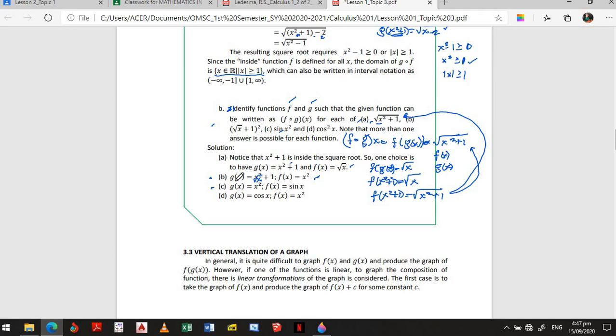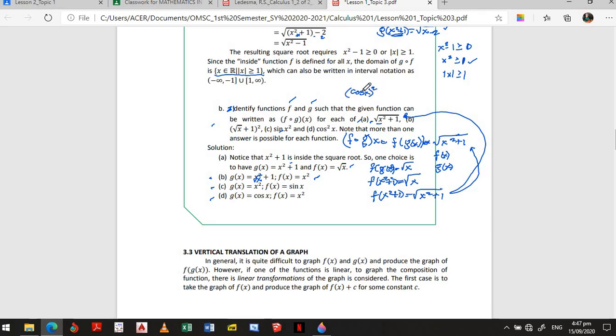Okay? Then, we have to consider again example letter D, that is given by cosine squared x. Our cosine here is squared, or that can be written as cosine x squared.